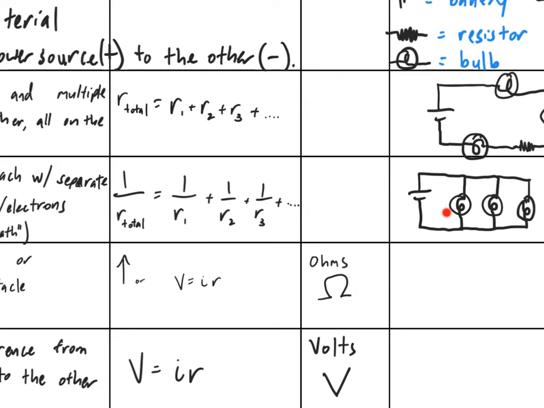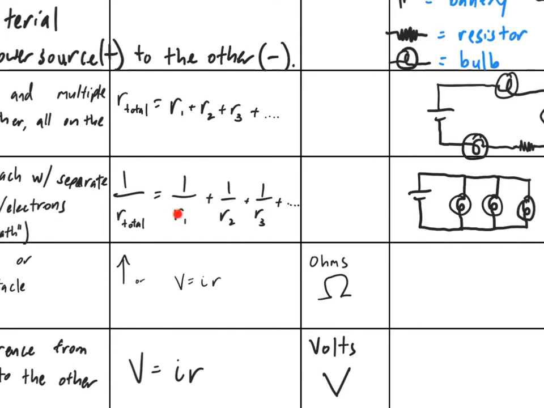So again, if we say each bulb is equal to a resistance of 1, it would, in this case, be 1 over 1 plus 1 over 1 plus 1 over 1 equals 1 over x, 1 over my resistance. So 1 over 1 is 1, 1 over 1 is 1, 1 over 1 is 1.